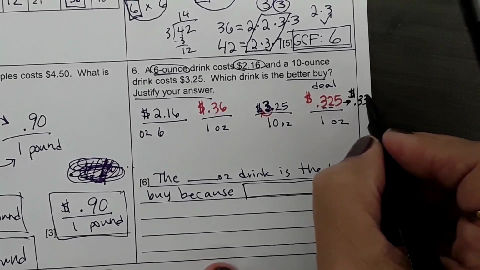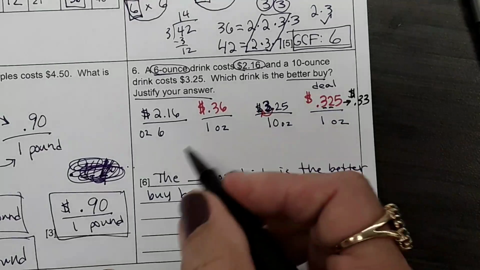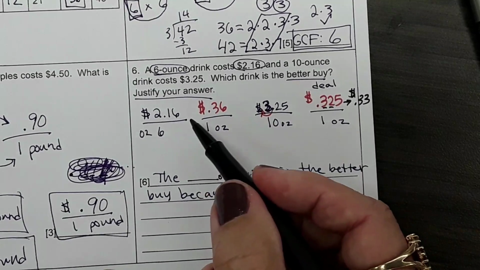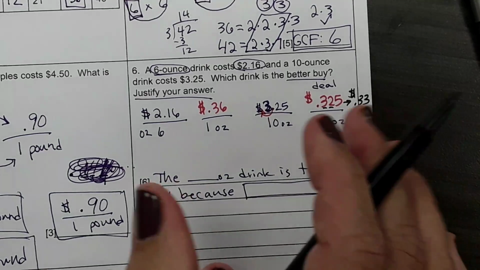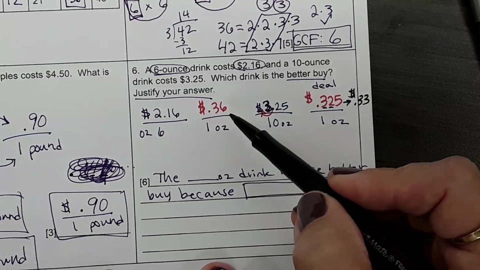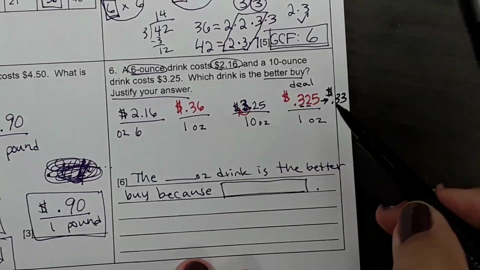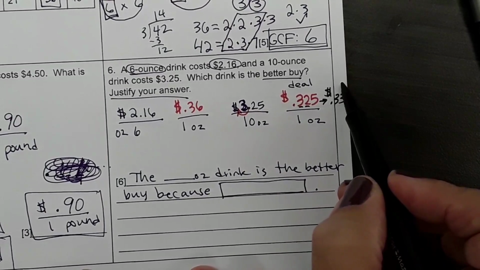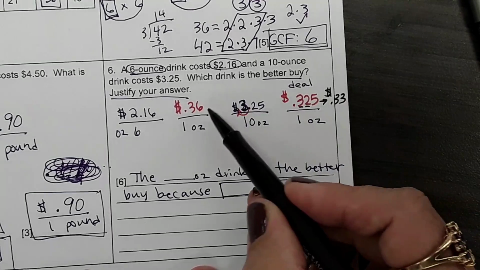I'm going to think logically about this. So now I'm going to the store, and I'm deciding. I want to get the most for my money. Do I want this one, 36 cents per ounce, or this one, 33 cents per ounce? We know, just like in first grade, 33 hundredths is less than 36 hundredths.